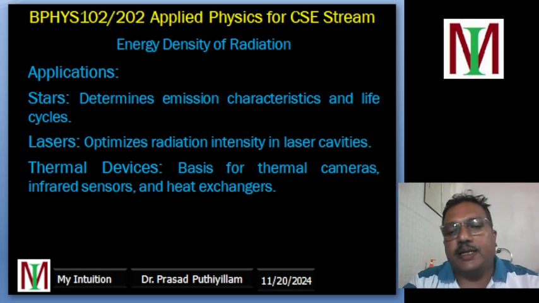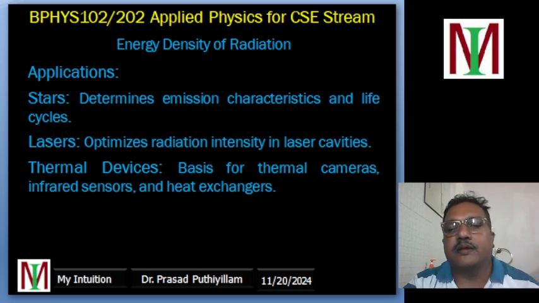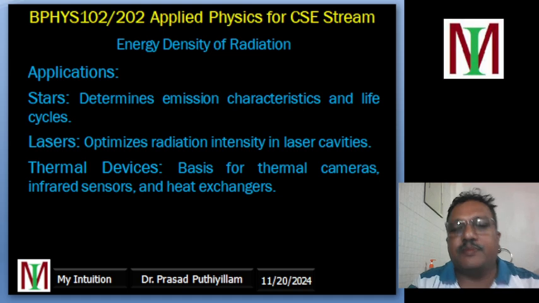Then the second point is laser design. In a laser system, understanding the energy density helps in the design of the laser cavity, where the radiation intensity is optimized for maximum output. Majorly for designing a laser, the energy density is very useful. Then comes thermal radiation.